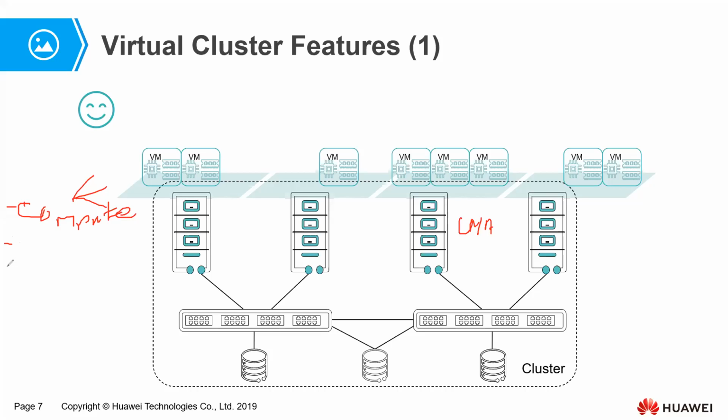Then which other resources? Storage. What else? Network. And for us to have something called a cluster, we should be able to get all these resources provided by this machine. So a complete cluster must contain all those types of resources, and they are put together.